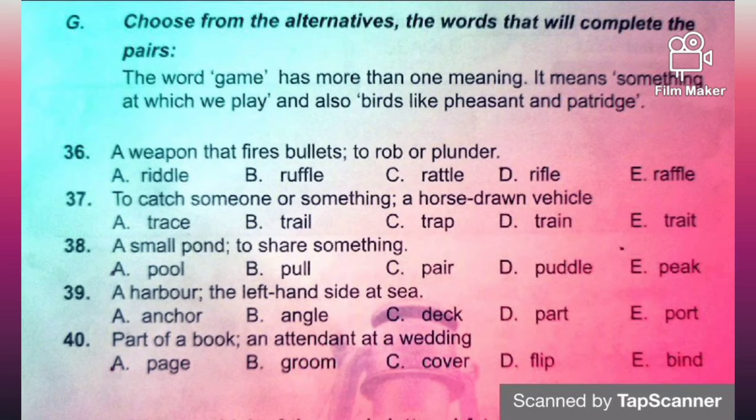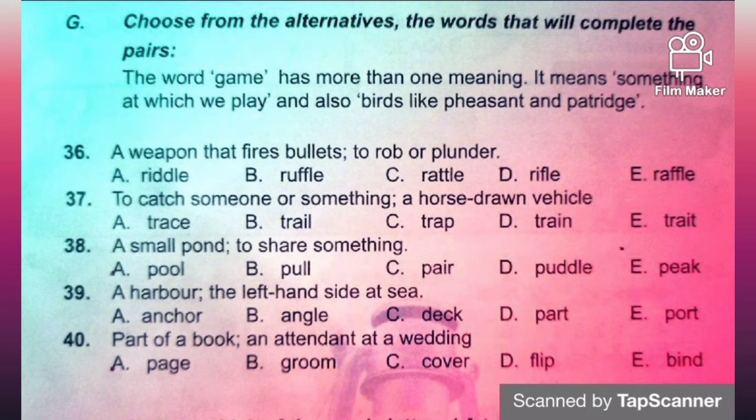Okay, now let's see number 37. To catch someone or something. The other one is a horse-drawn vehicle. Okay. So now, does trace mean to catch someone or something? No. Does trail mean to catch someone or something? No. Does trap mean to catch someone or something? Yes, it does.